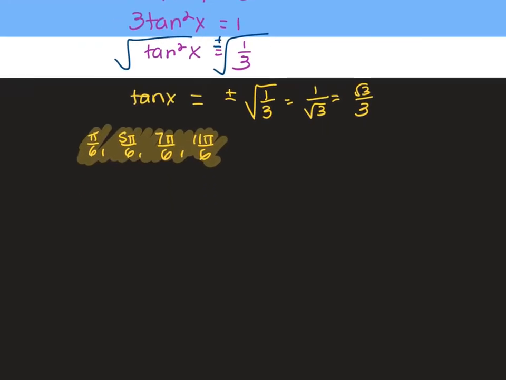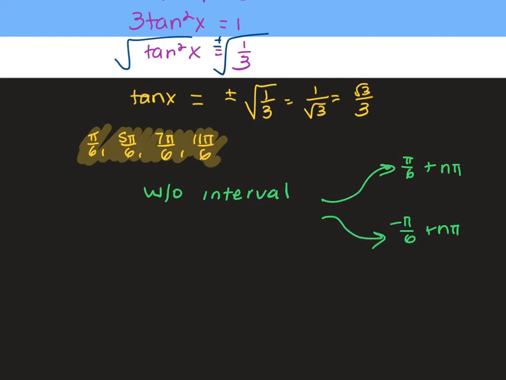If it had said without the interval, I only need pi over 6 and negative pi over 6, and I would add n pi. So pay attention to the directions. You don't want to get those questions wrong or lose credit because you do the wrong thing.